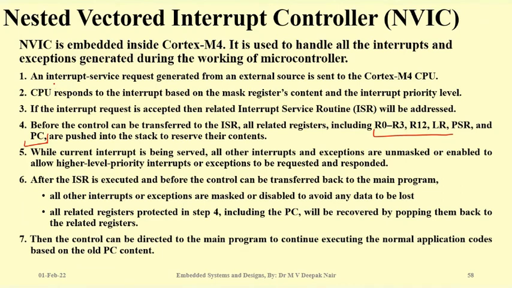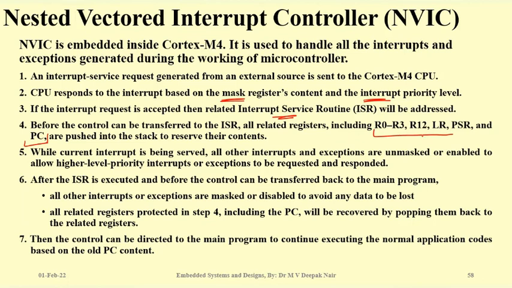Of course, an interrupt coming to the microcontroller does not mean it will have to be served. For that, first you have to check whether the interrupt is masked or unmasked. If it is unmasked, then you have to check the interrupt priority. If it has higher priority, I will serve that interrupt. But before that, I have to store the current instruction's details in the stack.